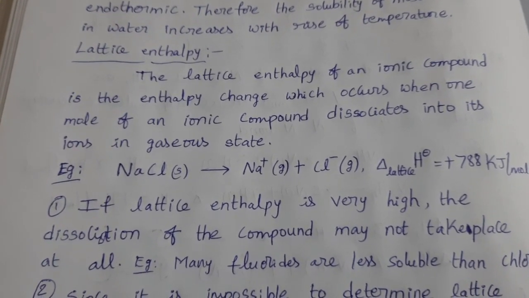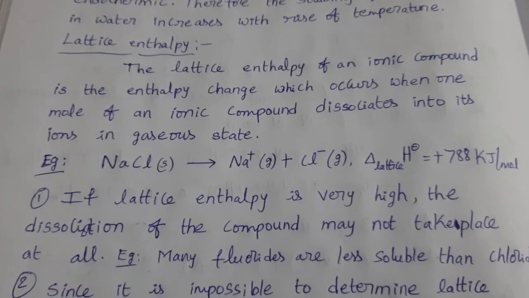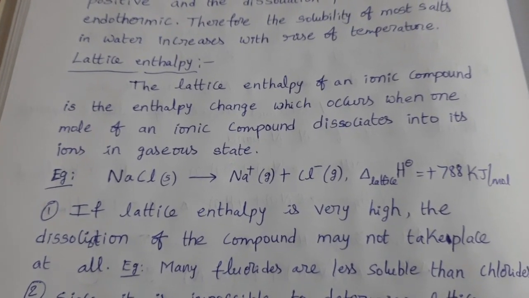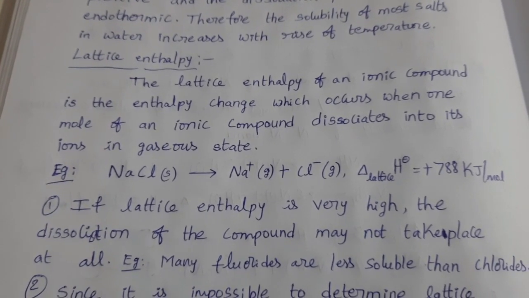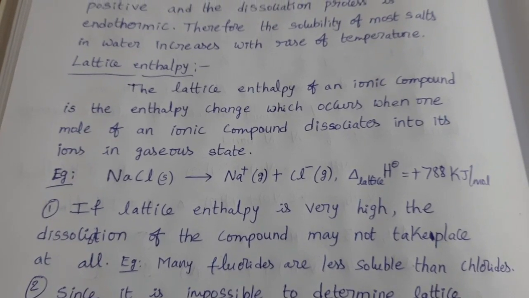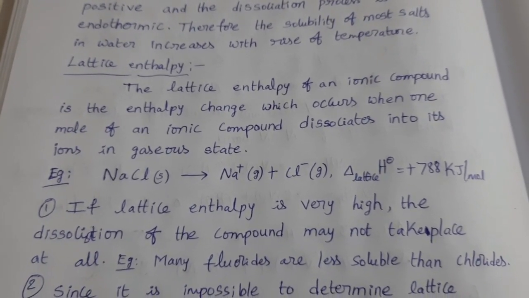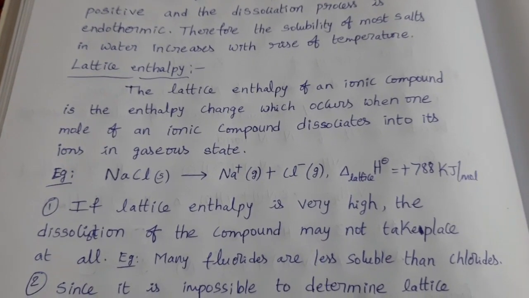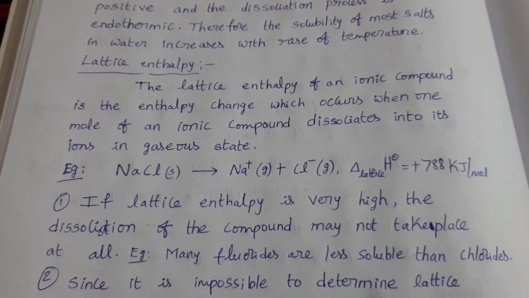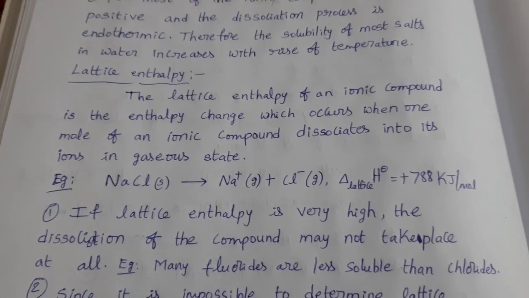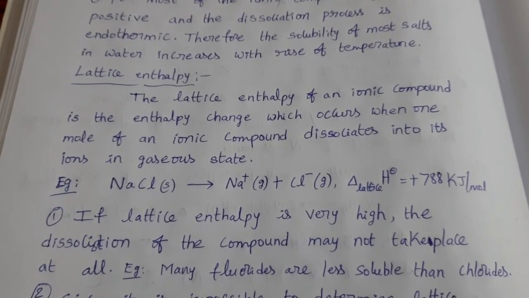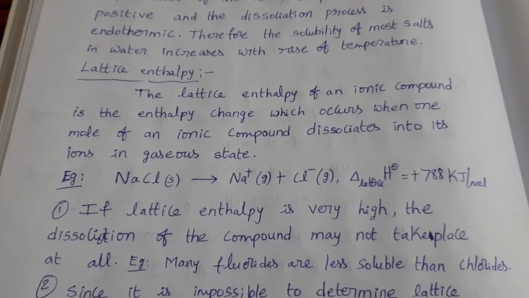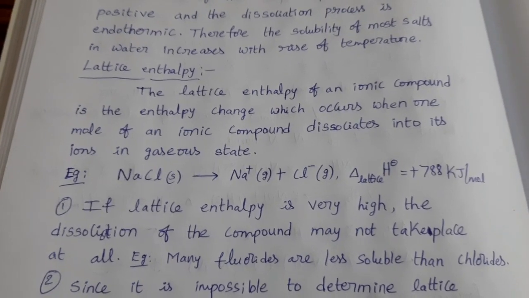Already in the chemical bonding chapter we completed, the energy required to break 1 mole of the bonds into its atoms is called lattice enthalpy. Here also the same thing. 1 mole of ionic compound is converted into its ions means bonds present in 1 mole of ionic compound are broken or not? Yes, broken. So a very high value of lattice enthalpy means very high amount of energy is required to break the bonds present in 1 mole of the compound.